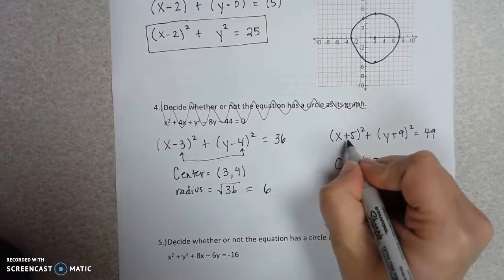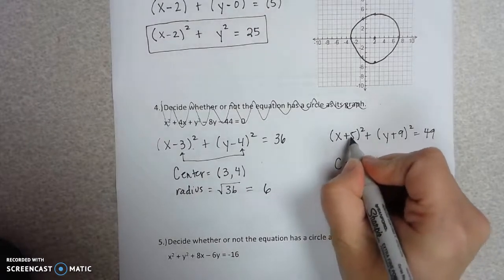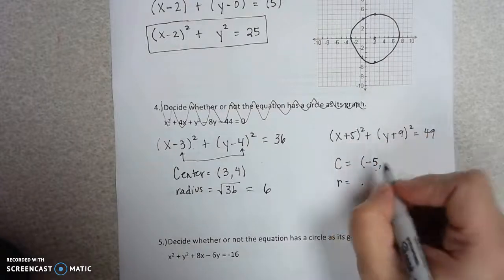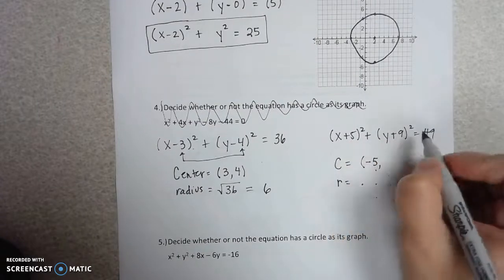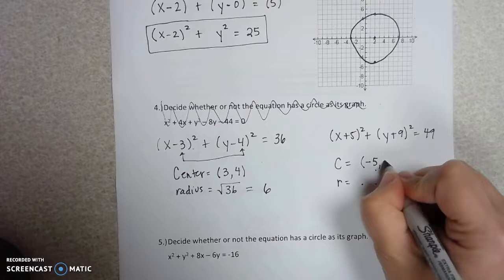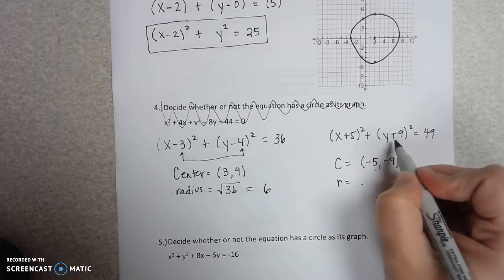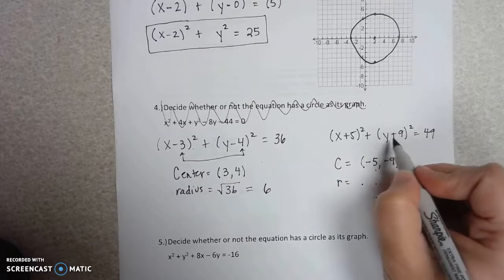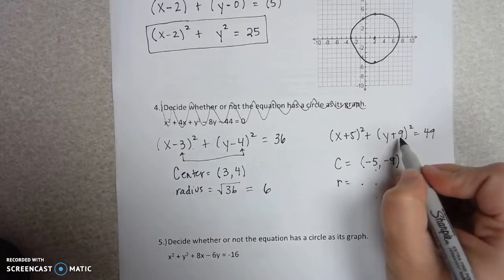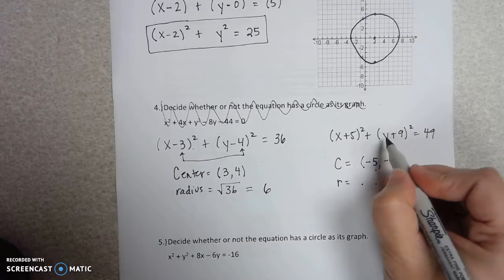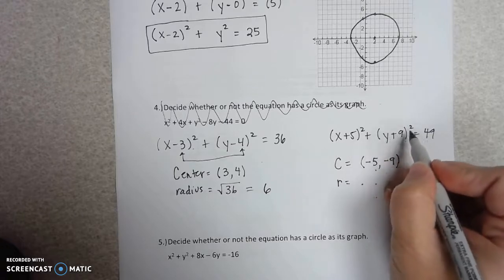Remember, this is x minus, so if you see a plus there, this means it was x minus negative 5. So H is going to be negative 5. K is going to be negative 9. Remember the formula says y minus k, so if your equation says y plus, that means that 9 had to have been negative. Y minus negative 9.